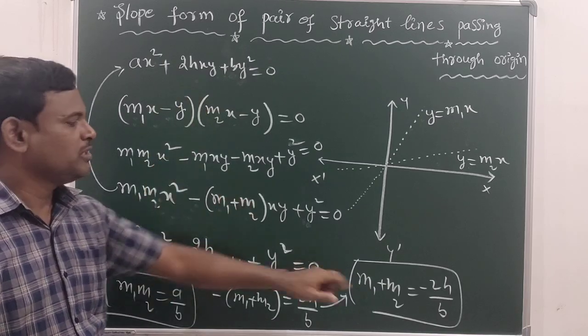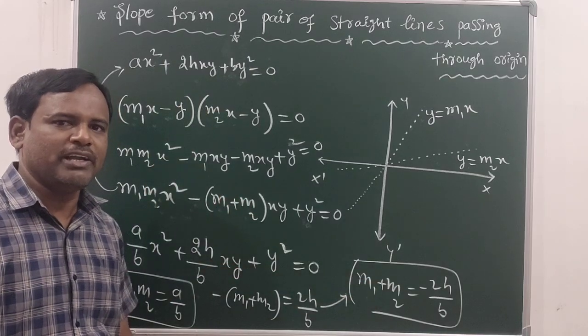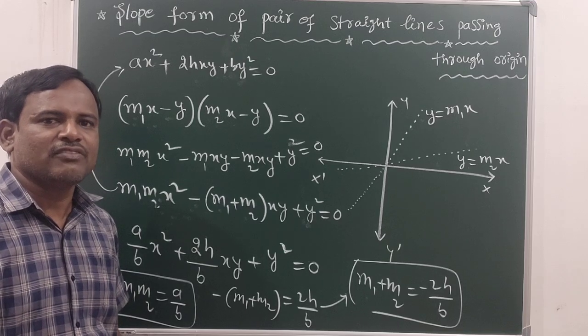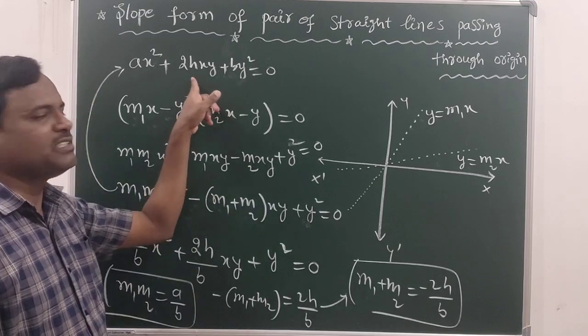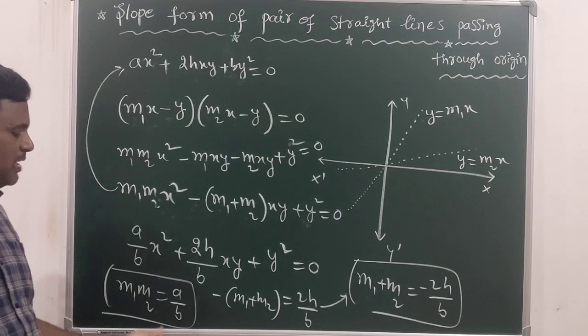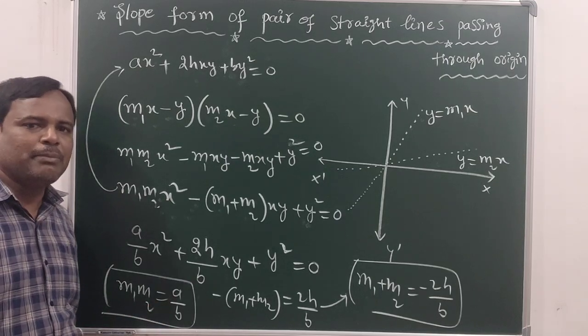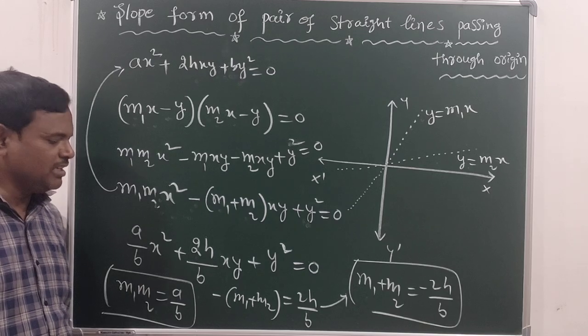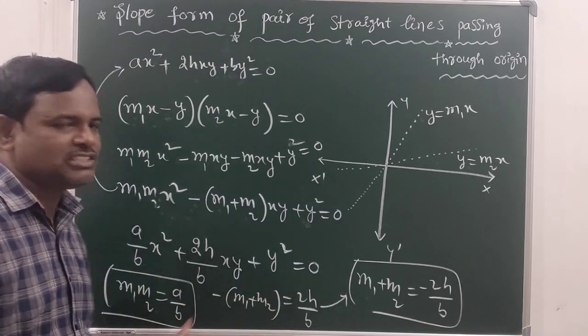In such case, you can use that minus 2h by b formula. And what is the product of the slopes of lines represented by this, which means that you have to apply a by b formula. Okay students, I hope you have understood how these relations have come.